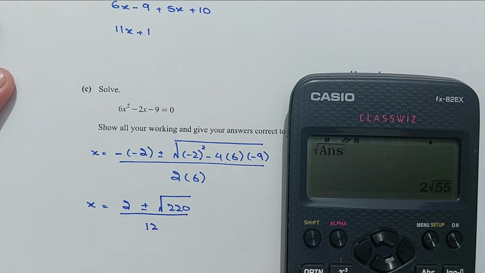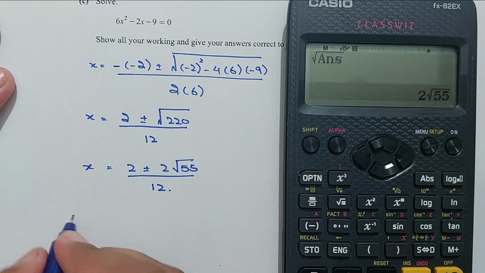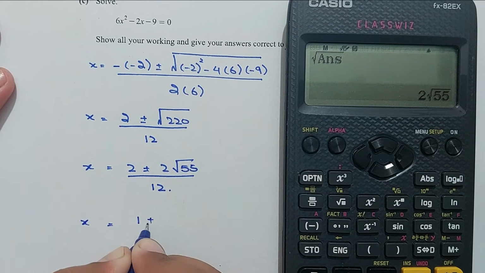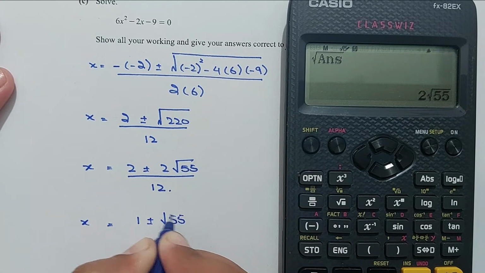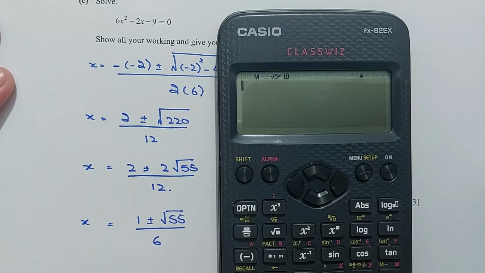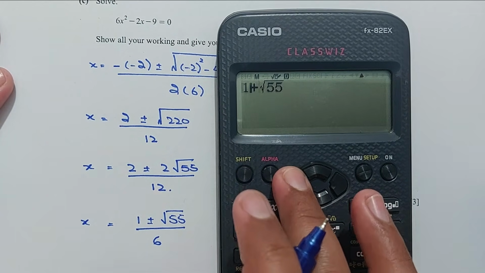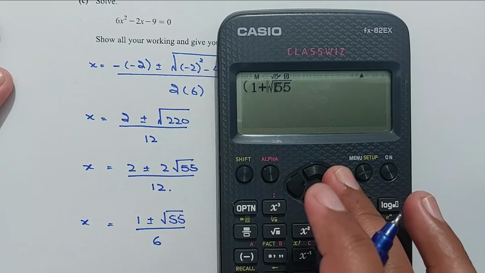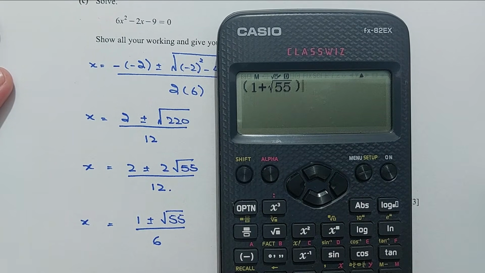The square root of 220 is this much. x equals 2 plus or minus 2 square root of 55, divided by 12. Taking 2 common and cancelling it with 12, x equals 1 plus or minus the square root of 55, divided by 6. Right. So we have two values, 1 plus square root of 55 divided by 6.